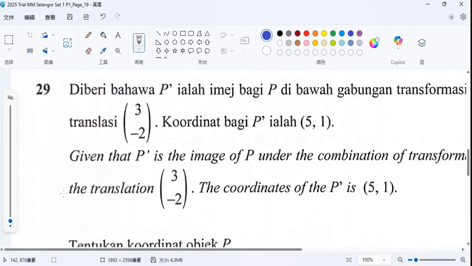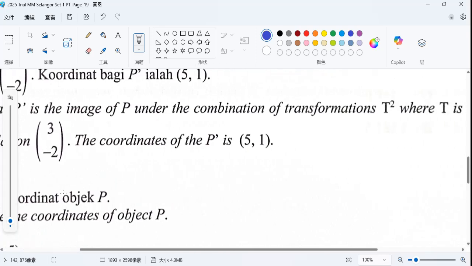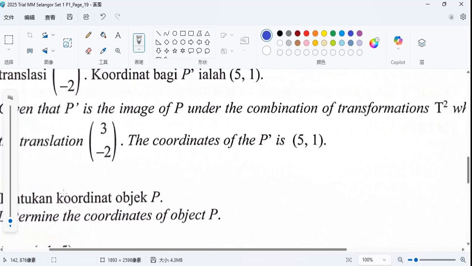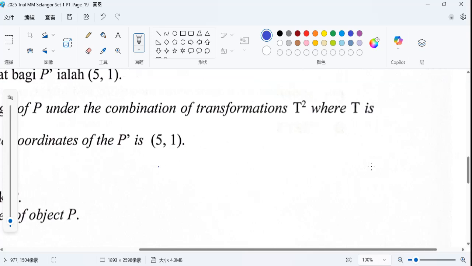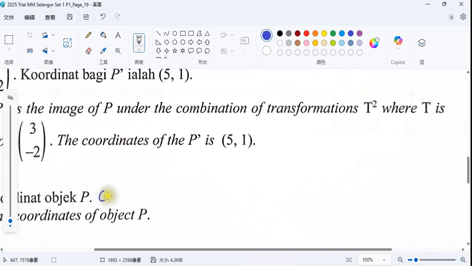And then P prime is the image of P under the combination of T and T. The coordinate of this is 5, 1. So find the coordinate of P. Coordinate of P is x, y. So x plus 3 equal to 5, and y minus 2 equal to 1.